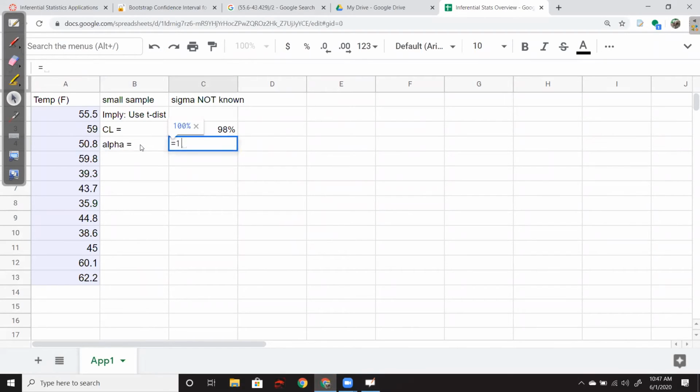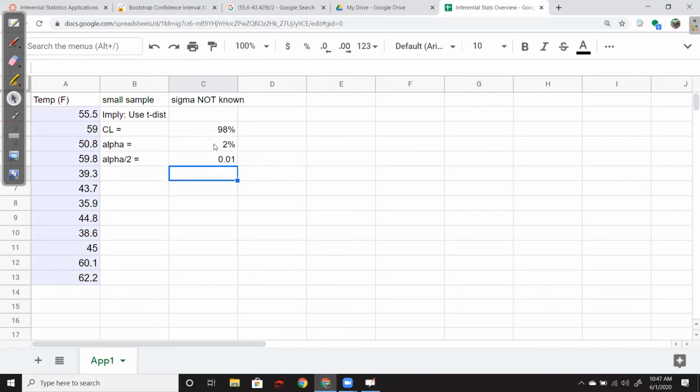Alpha is always 1 minus the confidence level. And whether you want to leave it as a percent or a decimal, that's up to you. And then I need the left or the right tail. They're both the same, so that's what we call alpha over 2. And you may remember seeing this in the book way back 3 weeks ago, equals this number over 2.